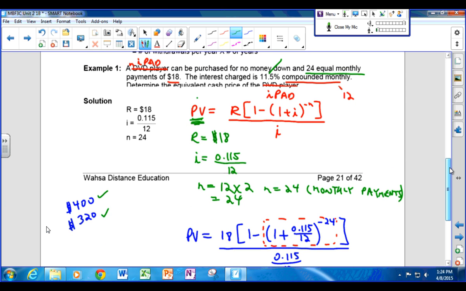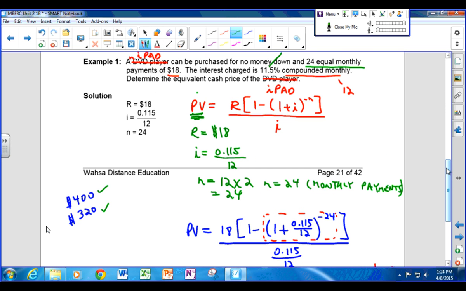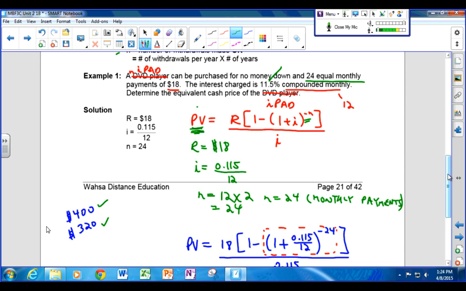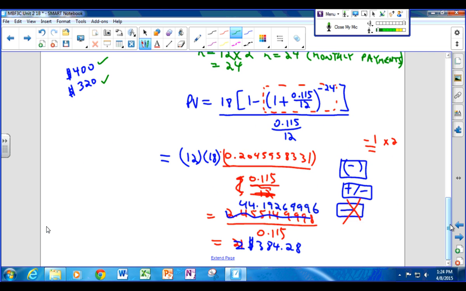So we go through all of this and we work through it. Be careful of these, because this is to the negative end, so do watch that. If you get a really strange number, like a negative number or some weird answer, double check for little things like that. So you work through all of this, and we end up at the iPad cost $384.28.